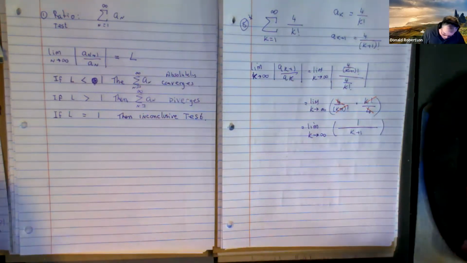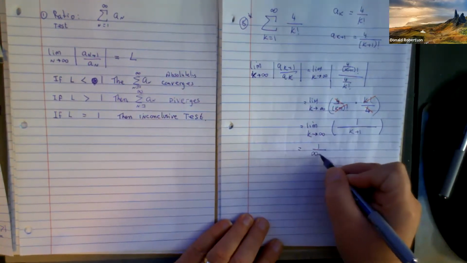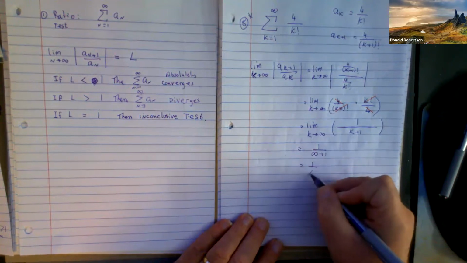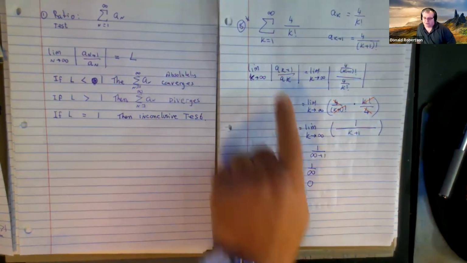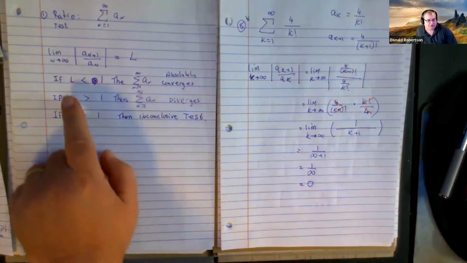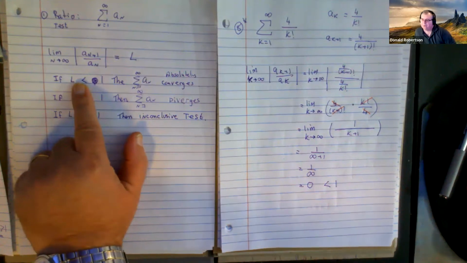Now, this one, I don't need to do anything clever. I can do brute force. So the limit of this ratio is 0. And 0 is definitely less than 1.